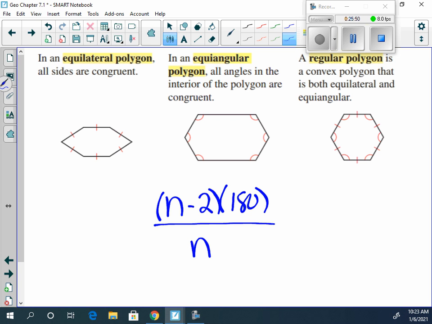How many sides does it have? 3. 180 divided by 3 is 60. It works. If we do it for a quadrilateral, 360 divided by 4 is 90. So this here will always give us what the angles would be if it is a regular polygon. It has all congruent sides and all congruent angles.